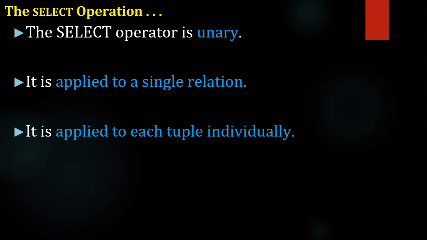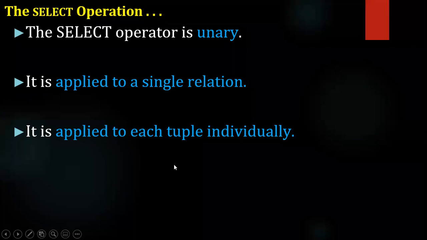It will go for the first tuple, check the condition. If it satisfies, select or filter. Then go to the second row, check the condition. If it satisfies the condition, select that tuple or reject the tuple. So like this, it will apply the select operation for each tuple individually.